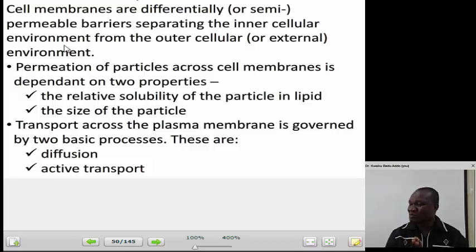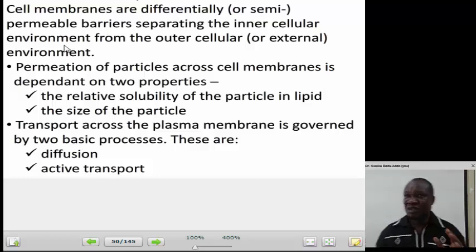Now, this plasma membrane is a selective barrier. It allows certain substances to move across it, whilst it restrains other substances. Because of this selectivity, the composition of the intracellular fluid is different from the extracellular fluid.